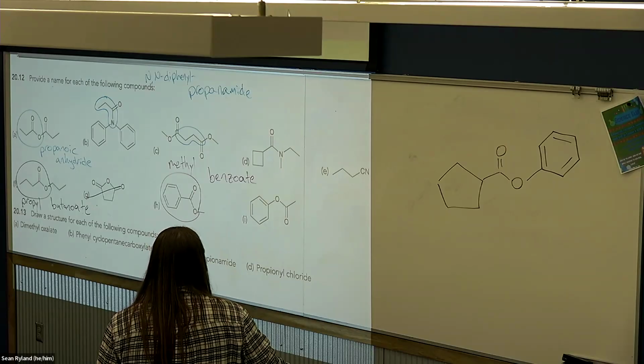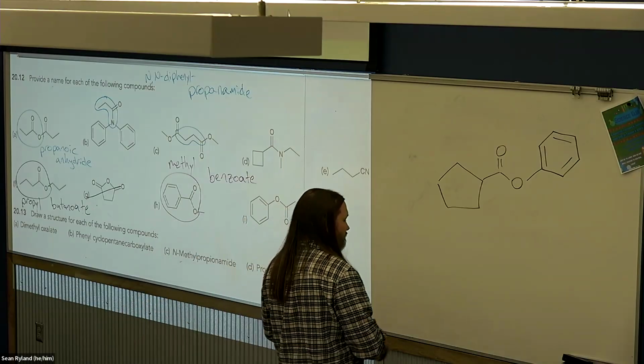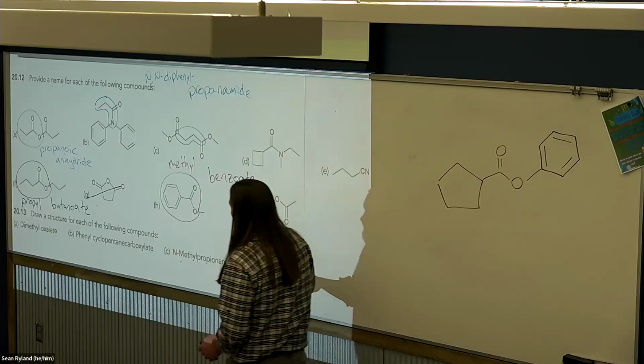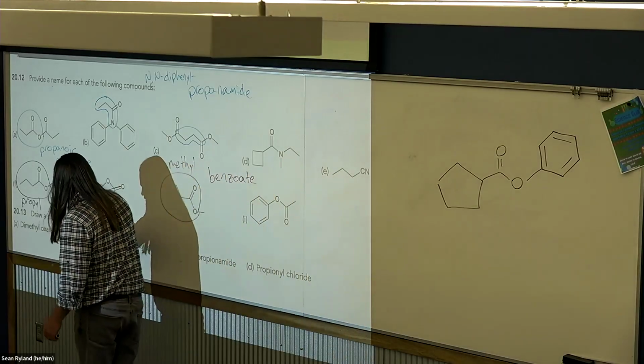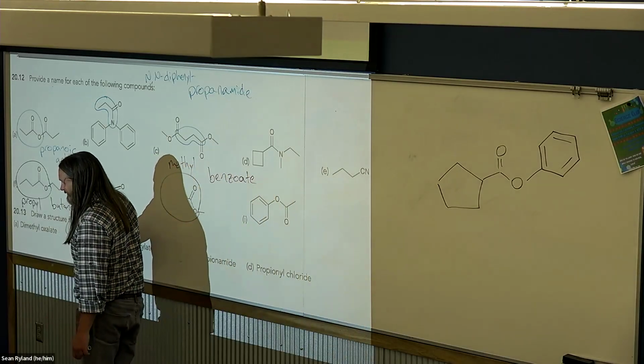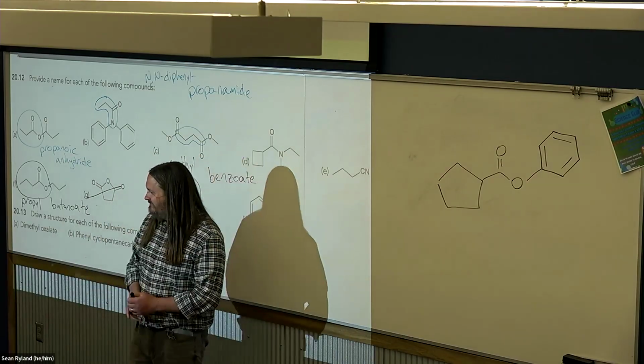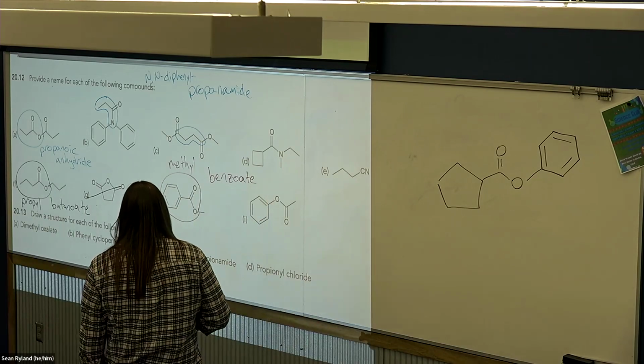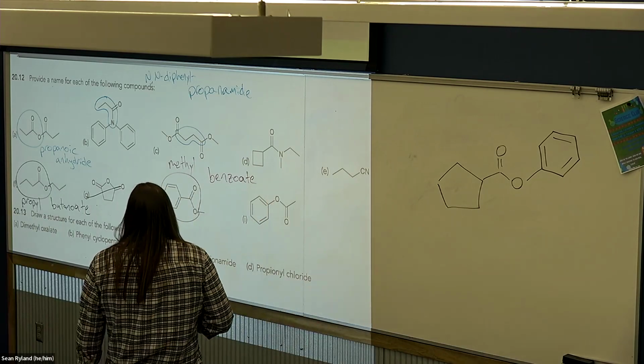How do you know that the phenyl is attached to the parent instead of the oxygen? Because there's a space. I know they mean different sides, but how do you know what side is what?